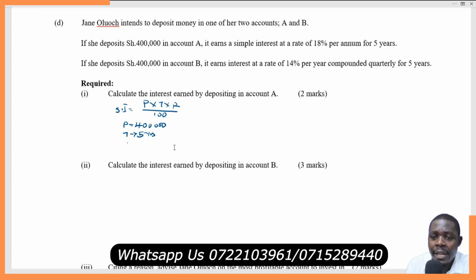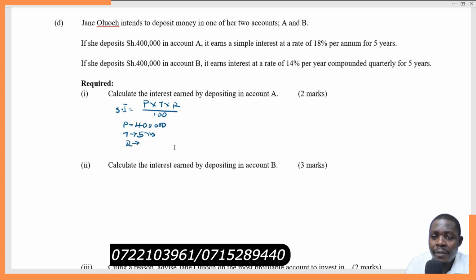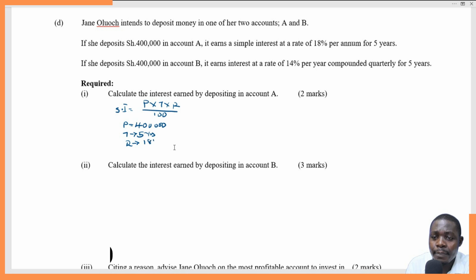Do we have the rate? Yes, 18%. Therefore, simple interest is equal to principal, which is 400, multiplied by time, 5 years, multiplied by the interest rate, 18, and we divide everything by 100.